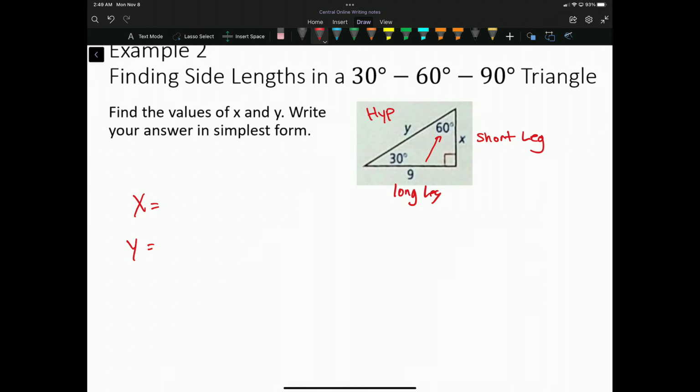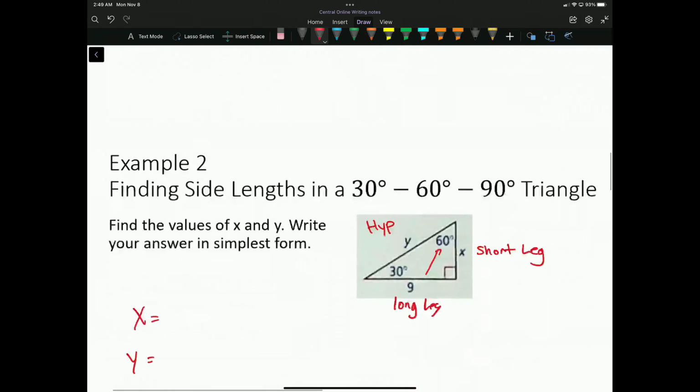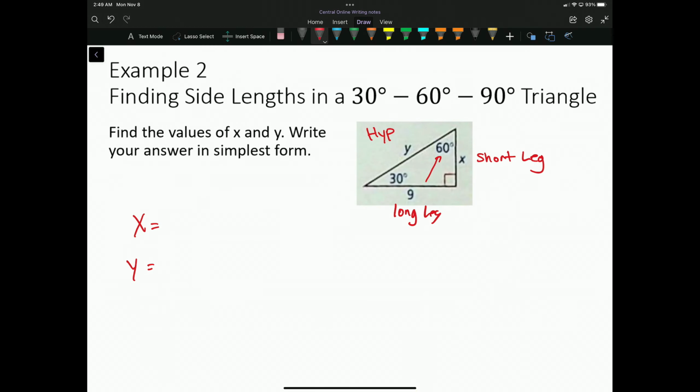Okay, so when we're talking about the long leg, if you look at our equations here, we have long side equals the square root of 3 times my short leg. So it's going to look something like this. If you want to find my short leg, my short leg is just going to be x.